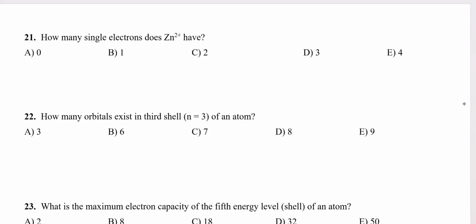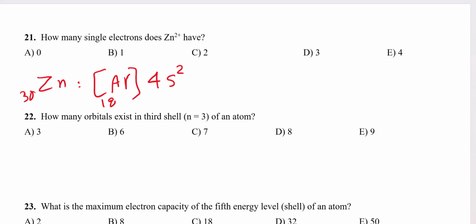For question 21, we would like to identify the number of single electrons in the zinc cation. Zinc is 30, so I'm going to write its electron configuration for neutral zinc. After argon, we have 4s2, and after that we have 3d10 to have 30 electrons.